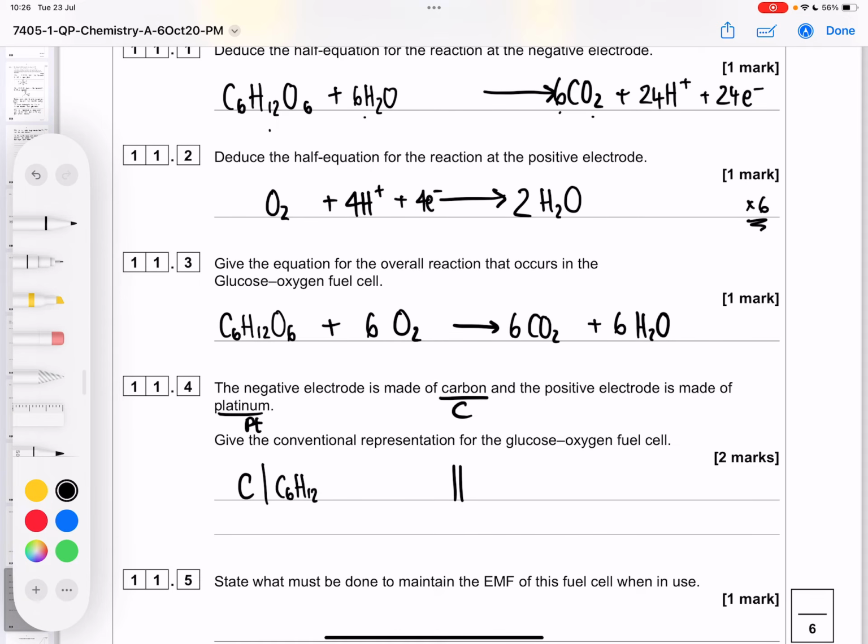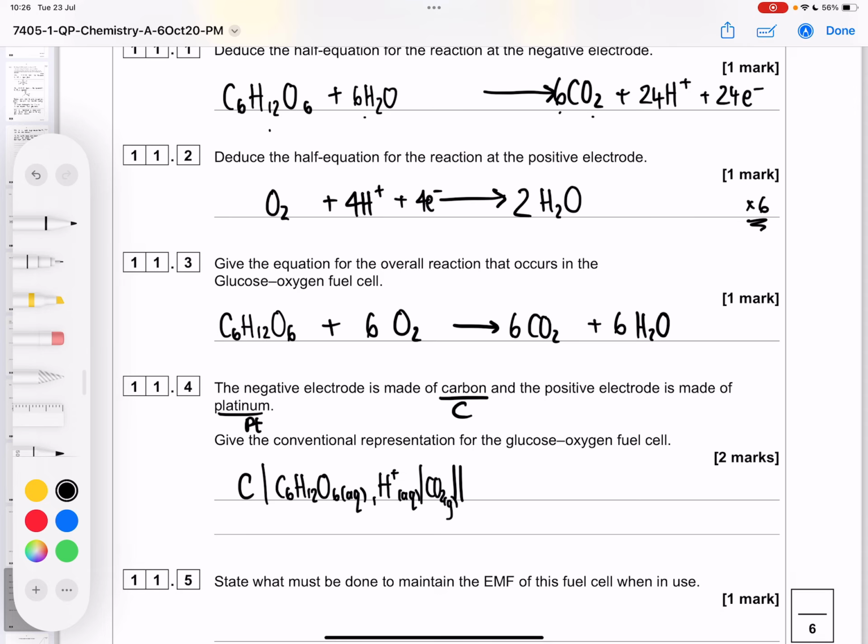We've got our glucose solution, aq. And then it's turning to carbon dioxide, which is a gas. And that carbon dioxide is acidified. So actually I need to put that acid in. And acid is H+, so that's in the same state symbol, so we'll just put a line, and then the carbon dioxide, so acidified carbon dioxide.